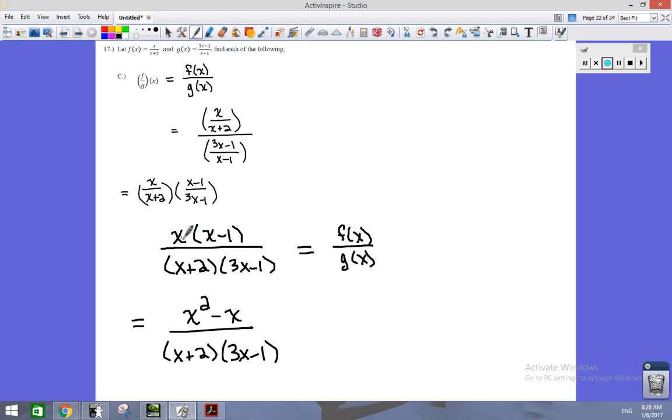You can't sit here and equate. When I say that this ratio is equal to this ratio, I'm not necessarily saying that this numerator is equal to f of x, because obviously f of x was a fraction, and this numerator is not a fraction. But what I'm saying is that this ratio is the same as this ratio, and if I take the reciprocal of the right-hand side, I can take the reciprocal of the left-hand side.